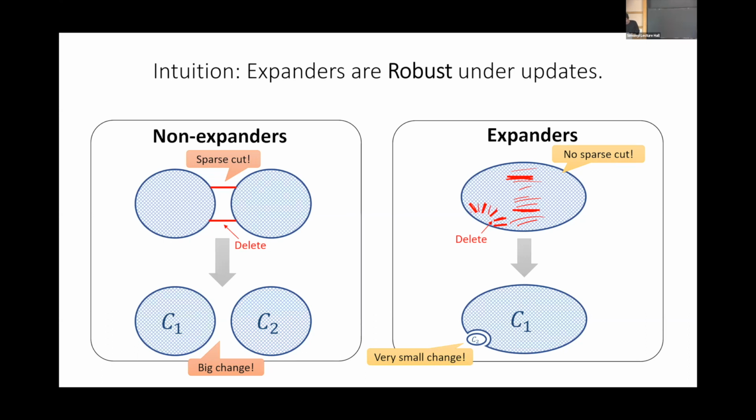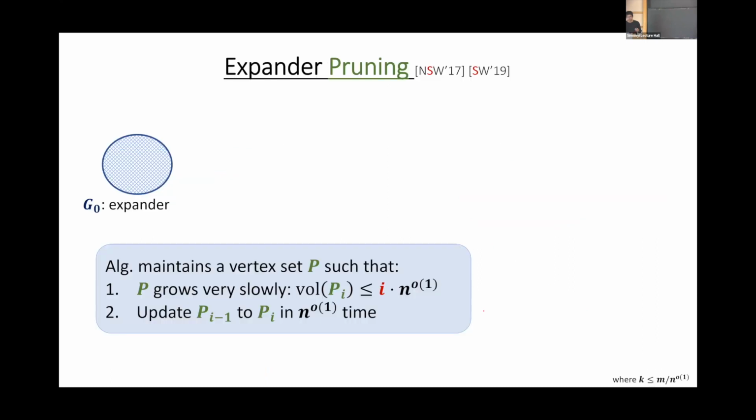And if you delete k edges here, at best you can disconnect something like a volume of k out of the graph. So if you delete few things, the graph can only change by a small volume. The change in volume is small. So that's the intuition, and indeed it is the case.